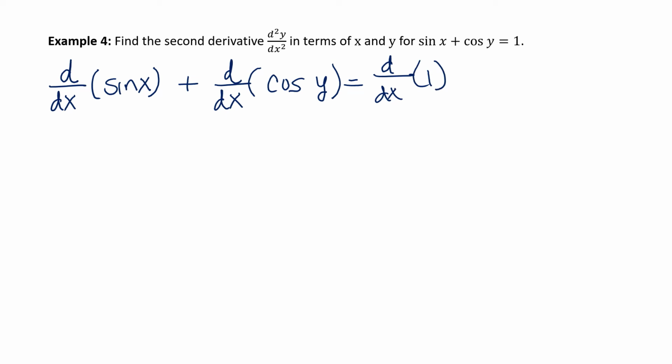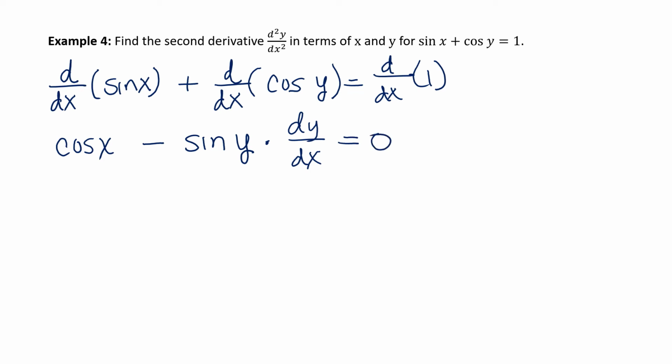We'll use our trig derivative formulas. The derivative of sine is positive cosine x. The derivative of cosine is minus sine y. And we need to take the derivative of the inside function. So for the derivative of y, we can write dy/dx. And the derivative of the constant 1 is 0.